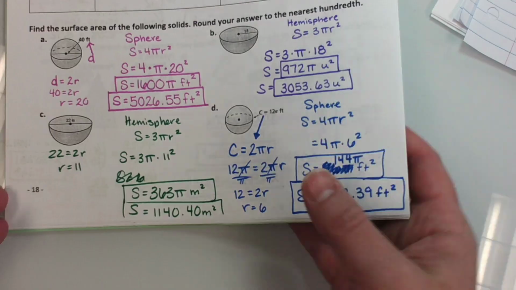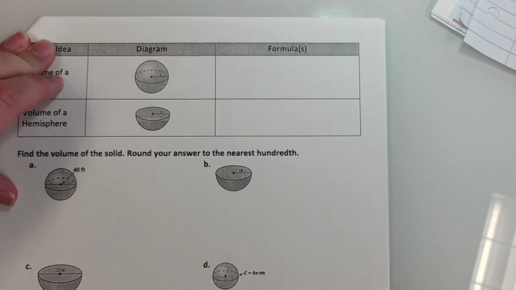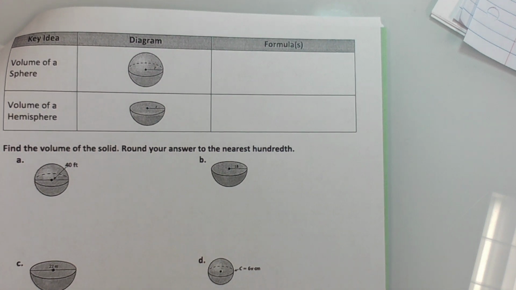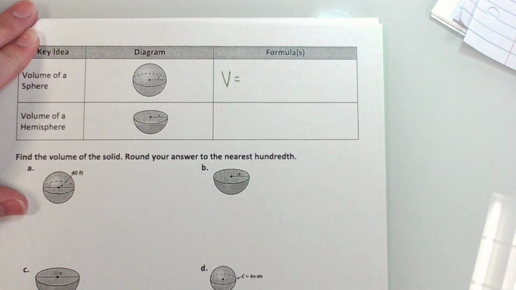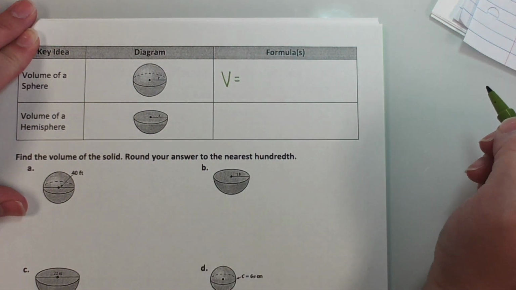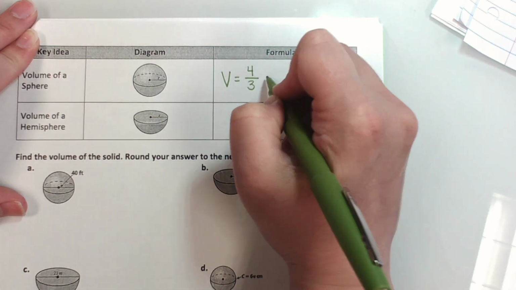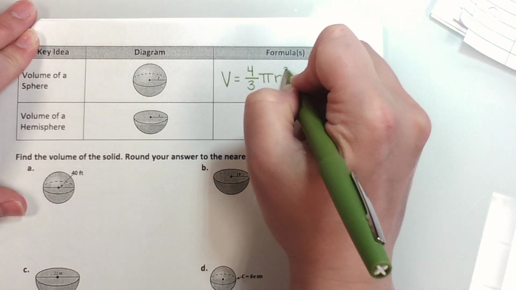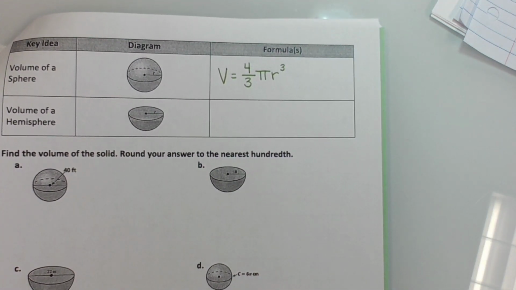Okay. Let's talk volume. Volume of a sphere also is dependent upon its great circle's radius. The formula for the volume of a sphere is 4/3 pi r cubed.